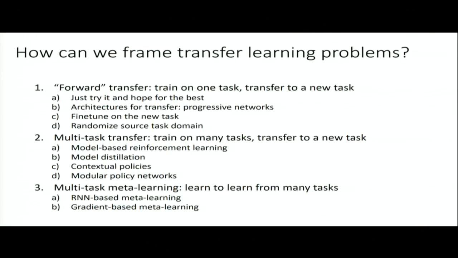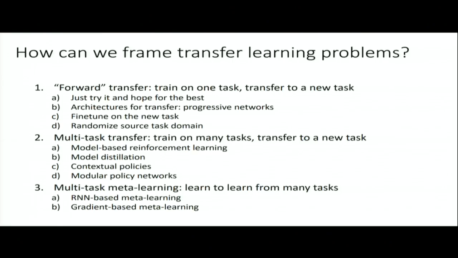OK. So when we started our discussion of transfer last week, we talked about how there are 3 broad categories of methods that we'll discuss. Forward transfer methods that train on a source domain and then attempt to transfer to a target domain.